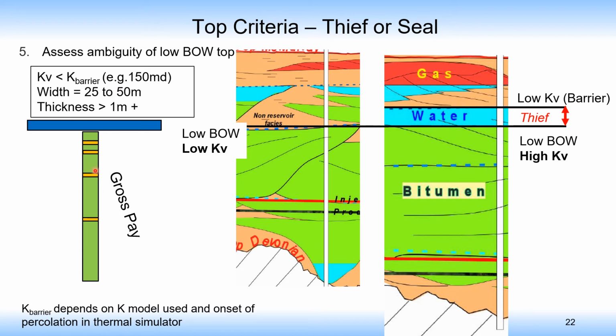So we're looking at the top of this zone, and when we hit that low bulk oil weight, it's either non-net facies or there's a water zone. So steam could actually rise further. So we're applying this criteria to understand if we have a thief zone at the top, and where the actual top of the steam chamber would be. So that's the last step.